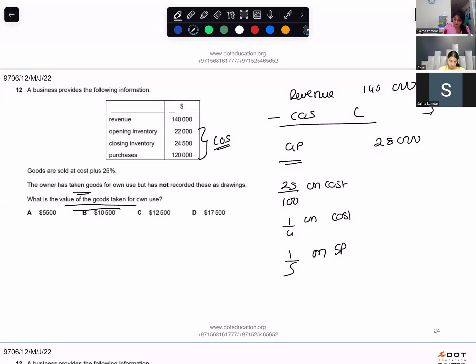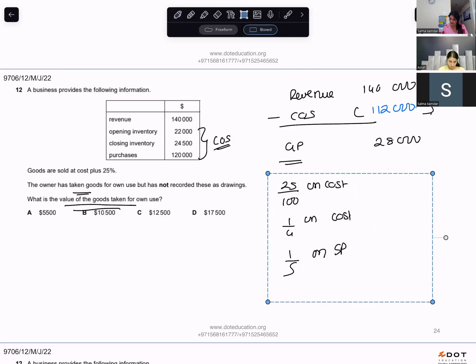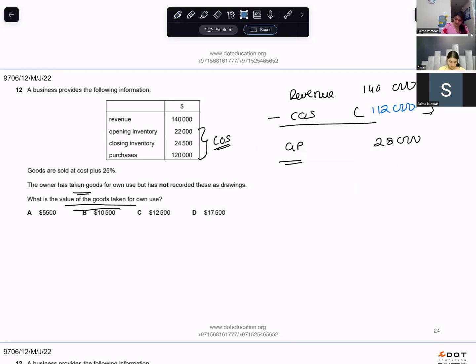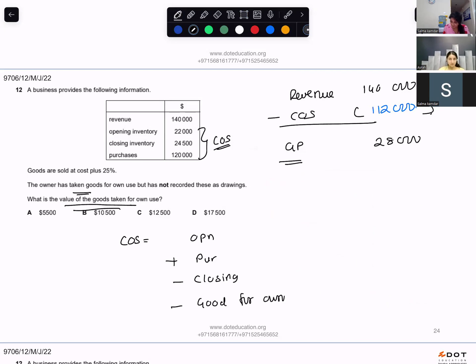Very good. So your cost of sales will be how much? It'll be 112,000. Now I'll do the adjustment for my cost of sales in the income statement format. Opening inventory plus purchases minus closing inventory minus goods for own use would give me my cost of sales.